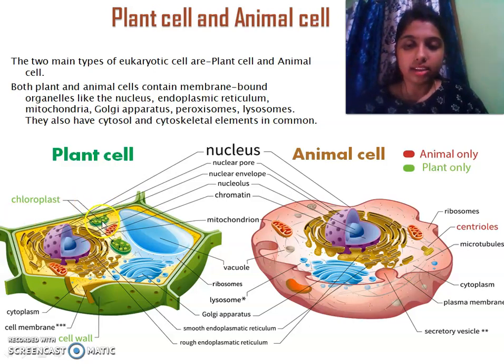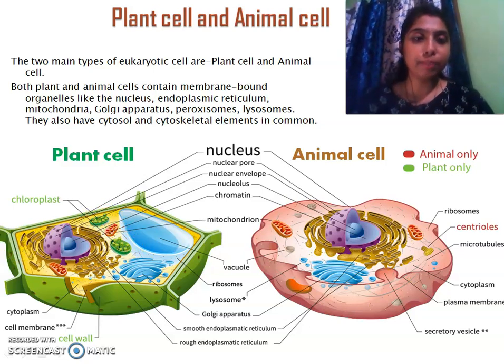This one, this is the chloroplast. So what is the main function of chloroplast? It contains green pigments termed chlorophyll, and it helps in the photosynthesis of plants, the process by which plants prepare their own food.